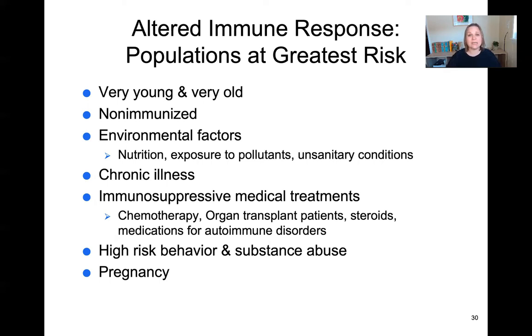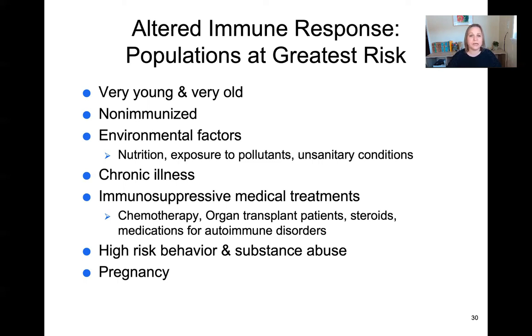Chronic illness can cause difficulty fighting off immune system issues, either making it difficult to fight off new infections or making your body overactive to those infections. Immunosuppressant medications, chemo, organ transplant patients, people on steroids, medications for autoimmune disorders. All of these types of patients have medications that are immunosuppressives. And so when their body gets sick, they don't have the ability to fight it off.